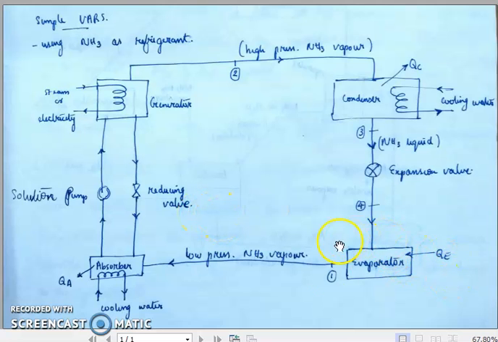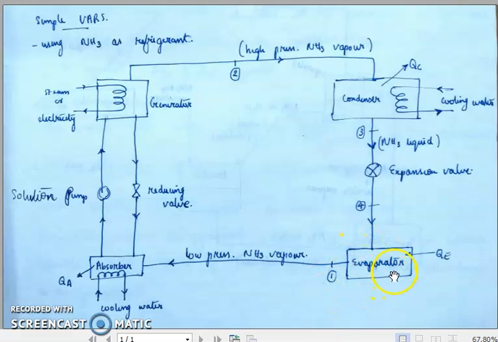So we can start from the evaporator where the required refrigeration effect is produced. Evaporator is our common freezer compartment, just like we studied in our module 2. The evaporator compartment is similar to the evaporator compartment of a vapor compression refrigeration system. Here let us take the example of ammonia as the refrigerant.